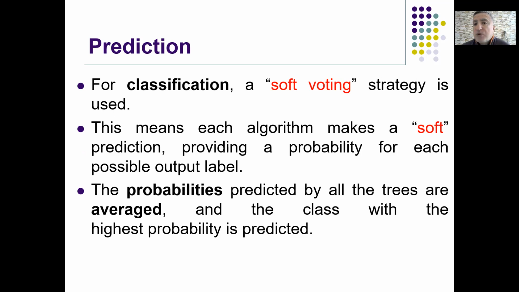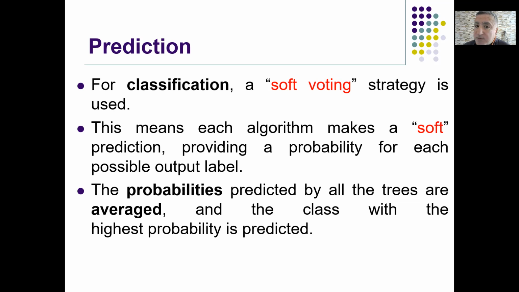In classification, we most of the time can use soft voting. Soft voting means that you don't say only the red class, but one decision tree says that there is an 0.85 probability of the red class. That's soft voting. In hard voting, each decision tree only says red or black.